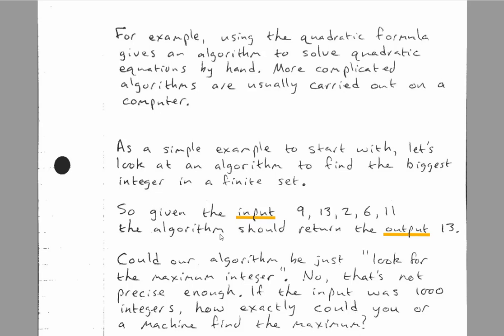And then the output, what the algorithm produces, what it returns, is supposed to be the biggest number in that input list. So in this case, pretty easy to see the biggest number here is 13. So that should be what our algorithm produces.